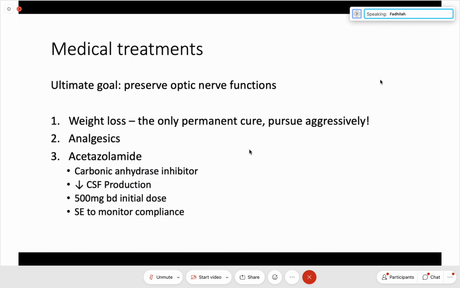That's why the patient has to lie flat for about 6 hours before the CSF replenishes again. So you might want to start probably the next day. Well, that depends, right? And then you have to teach them about the side effects, and monitor all the side effects of the carbonic anhydrase inhibitor. In fact, you can use that to monitor the patient's compliance.